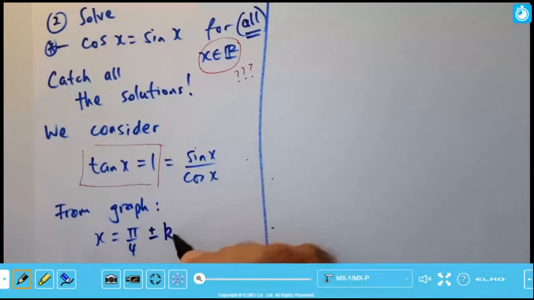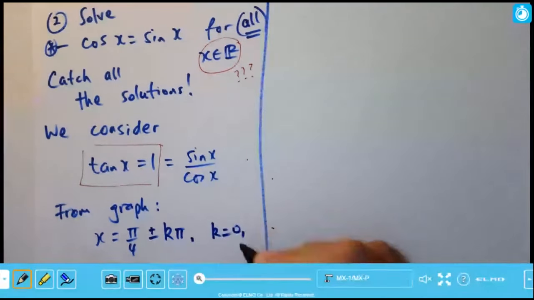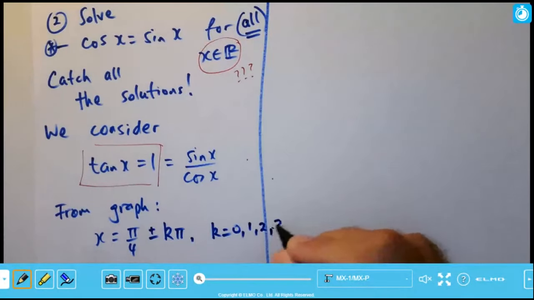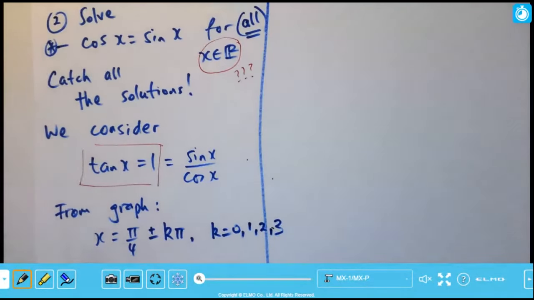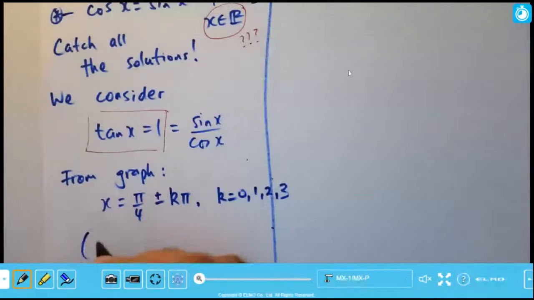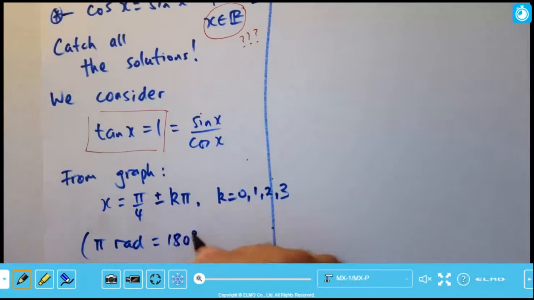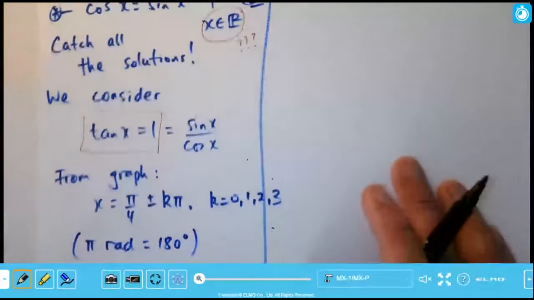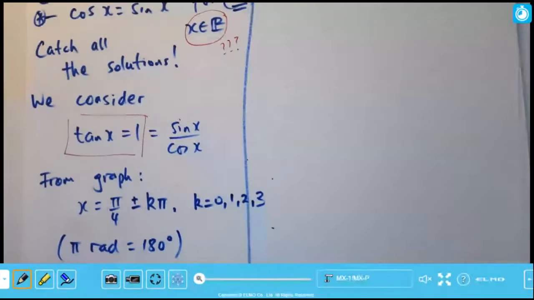You can get all the other ones just by adding or subtracting a multiple of pi. So remember here, we're talking about radians, and pi radians are 180 degrees. If you're a bit rusty, just remember pi radians is 180 degrees.